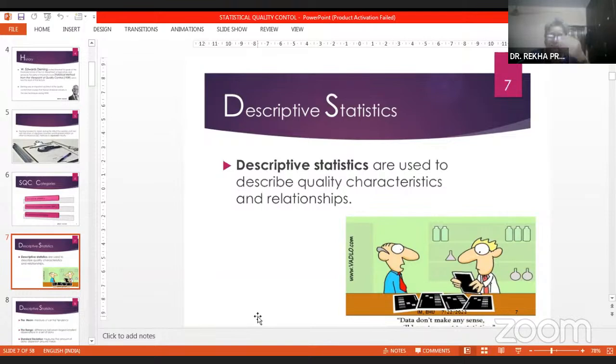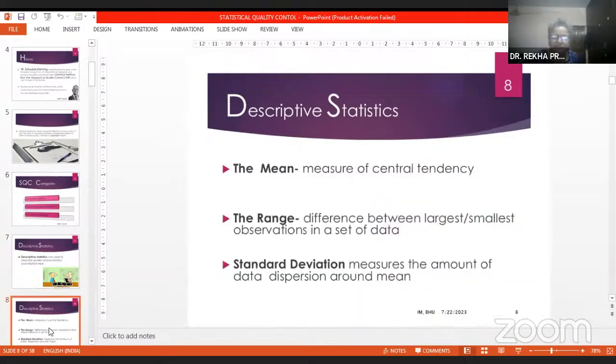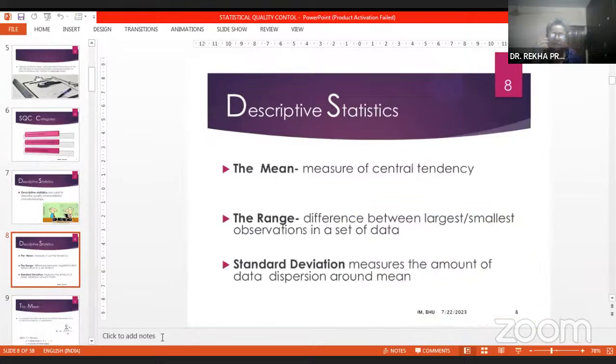So we use these characteristics: the measures of central tendency, which are mean, median, mode, or characteristics of dispersion like range and standard deviation, and we take the ratio of these two to compare two populations or two samples. Generally, we take the mean, the range, and the standard deviation.